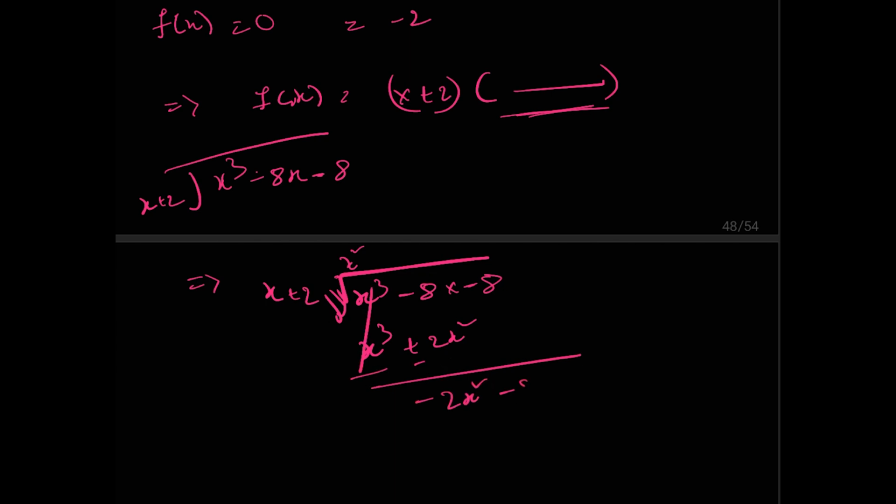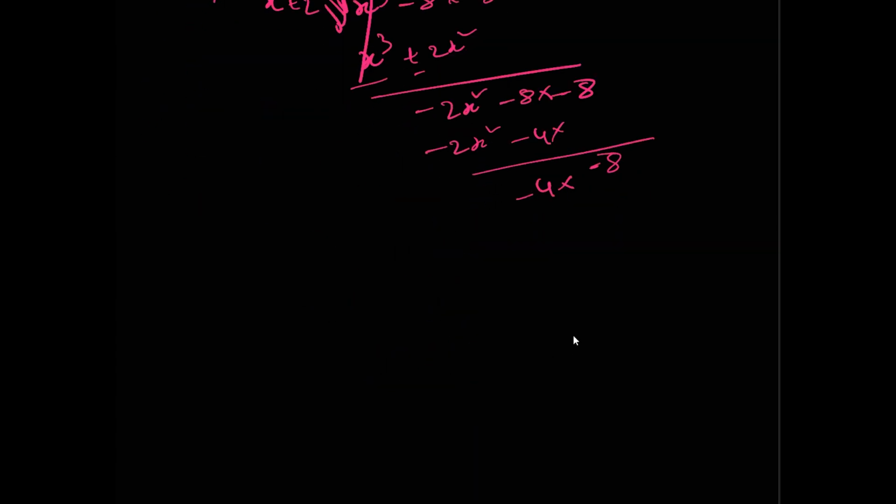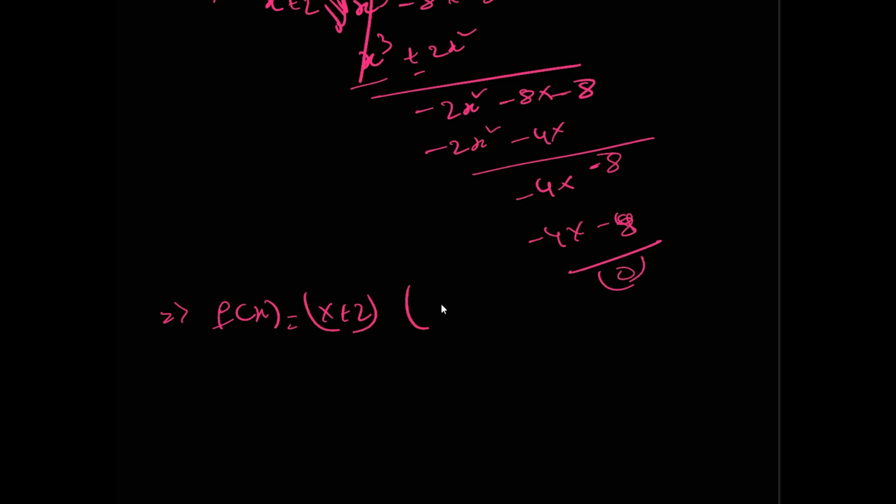Subtracting, we get minus 2x square minus 8x minus 8. Now multiply by minus 2x: minus 2x square minus 4x. We get minus 4x minus 8. Again multiply by minus 4: minus 4x minus 8, remainder 0. That means f of x equals x plus 2 into x square minus 2x minus 4.